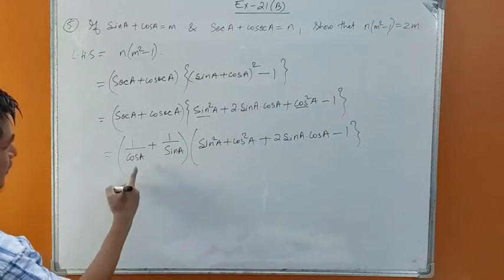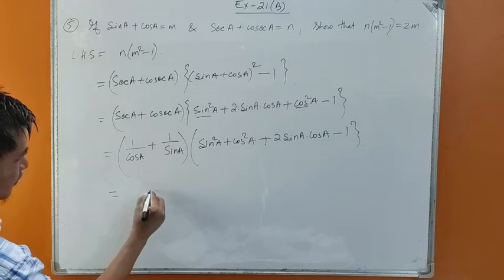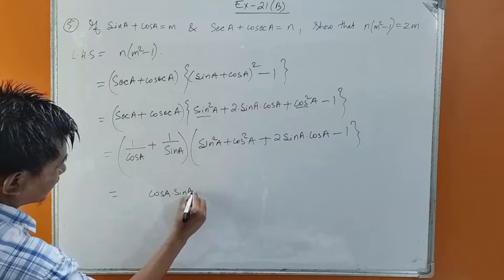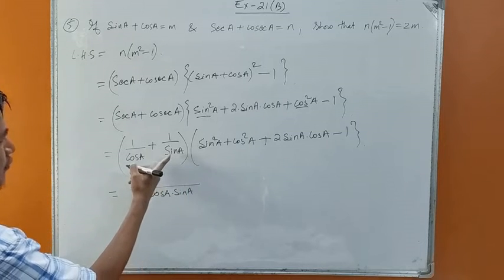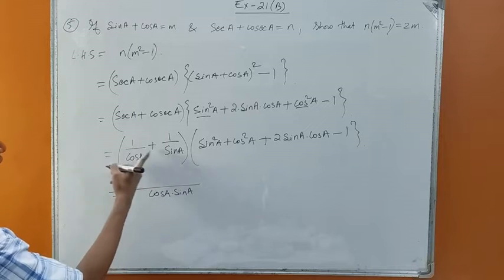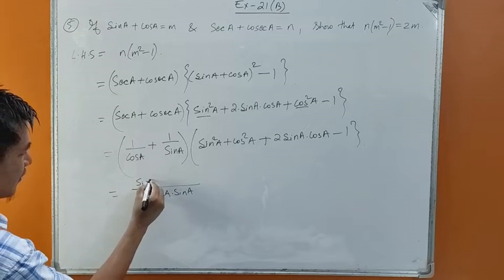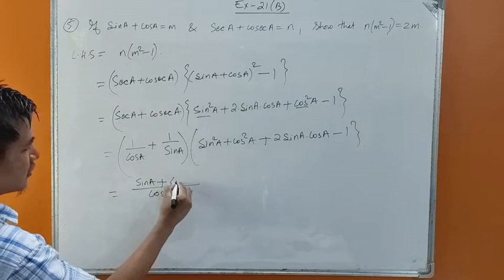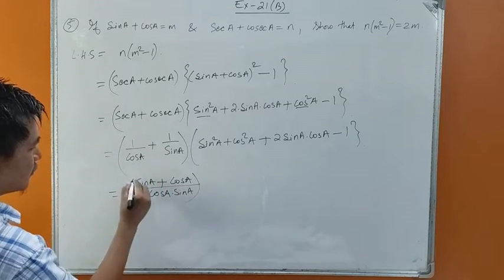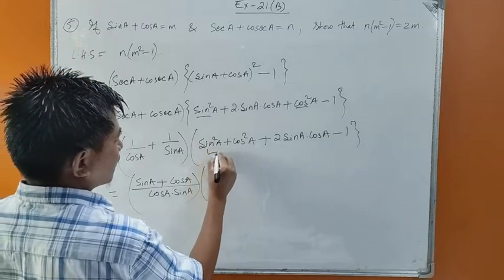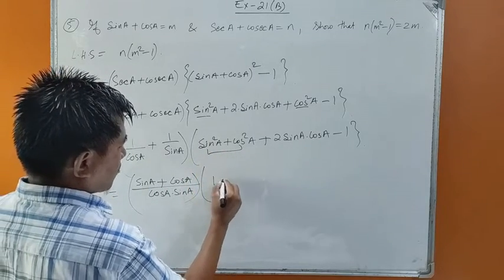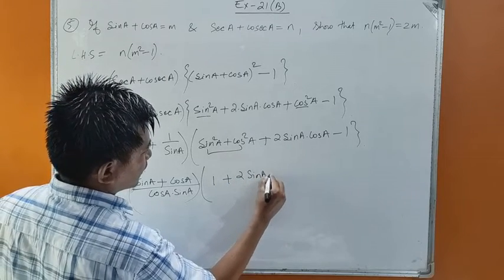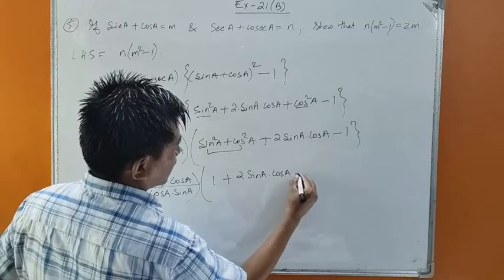So let's take the LCM of cos A and sin A. LCM will be cos A into sin A. In the numerator we have cos A into sin A gives this, so sin A into 1 is sin A, plus sin A into cos A gives this, so cos A into 1 is cos A. So here we have sin square A plus cos square A means 1 plus 2 sin A cos A and minus 1.